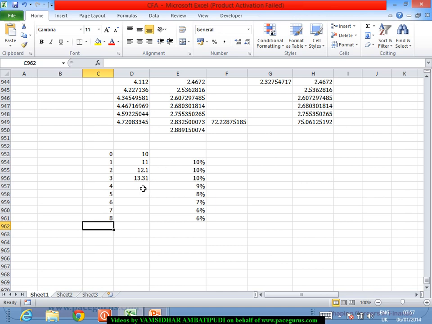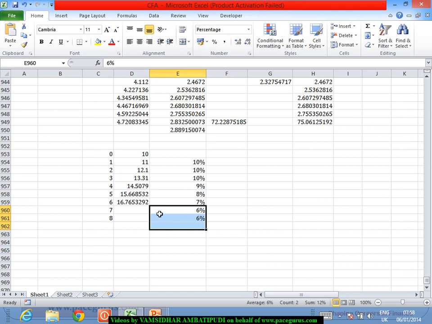Which means this dividend would have been this into 1.09, whereas this dividend would have been this into 1.08. Here it would have been this into 1.07, and from here onwards there is a constant growth of 6%.